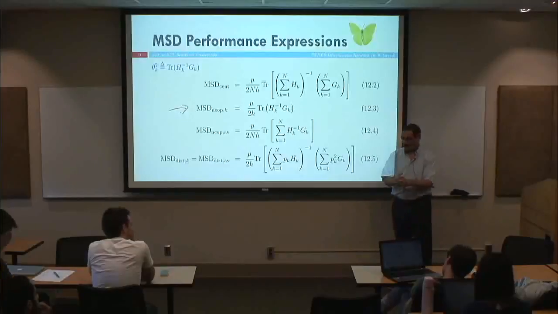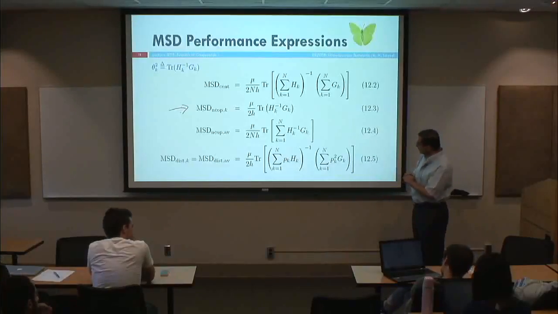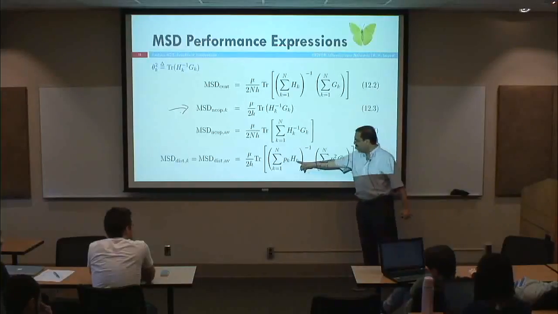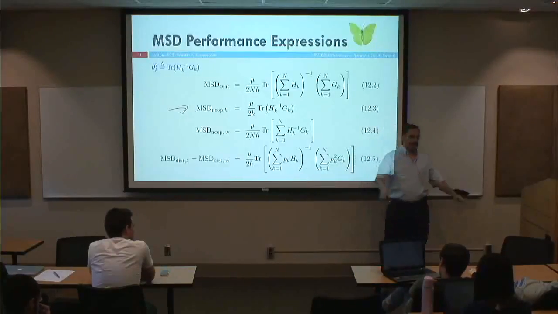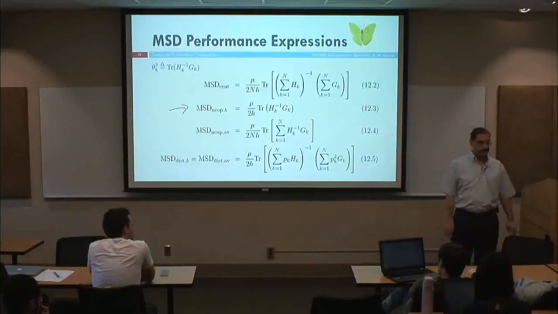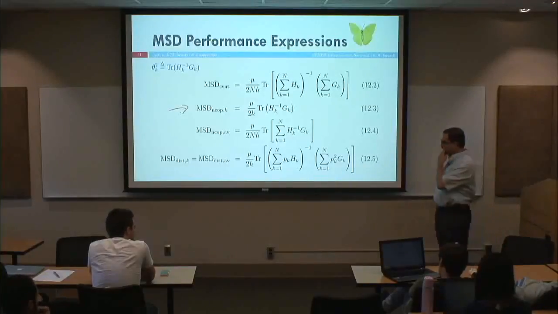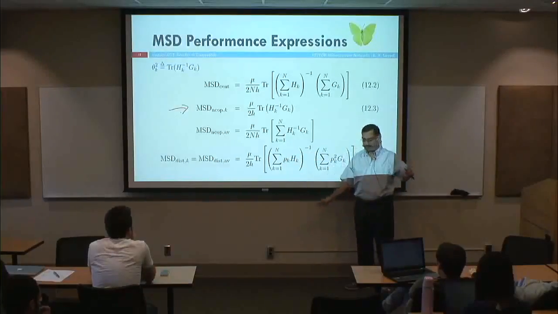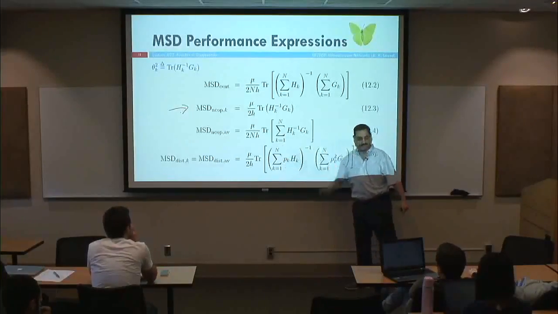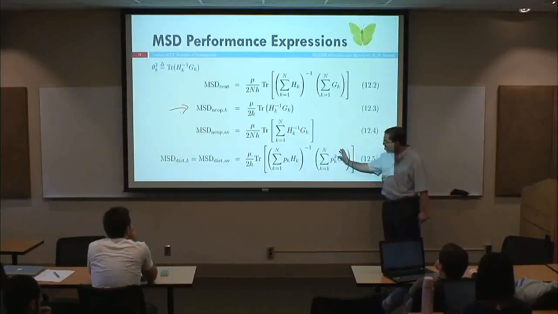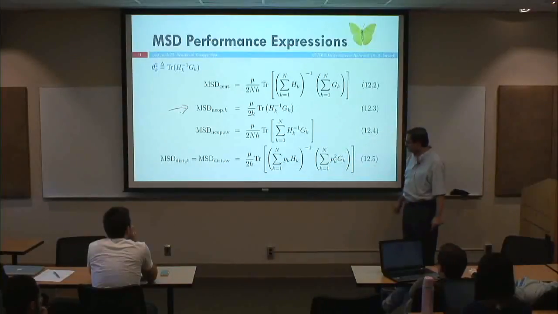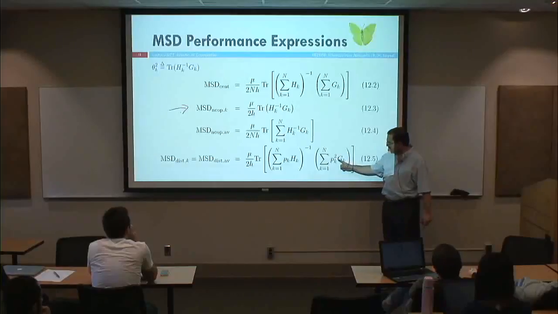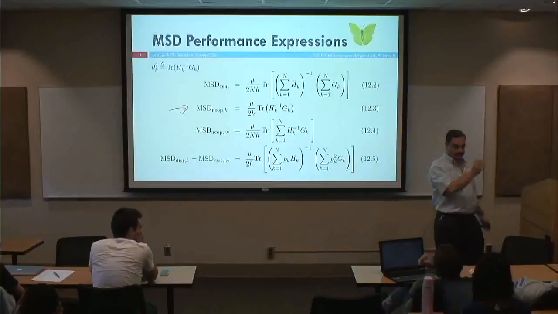For example, let's take an example where the H's and the G's are uniform across the network. So what will you get here? The sum of P is 1. You will get H inverse here. What will you get here? Sorry, let's assume doubly stochastic again.